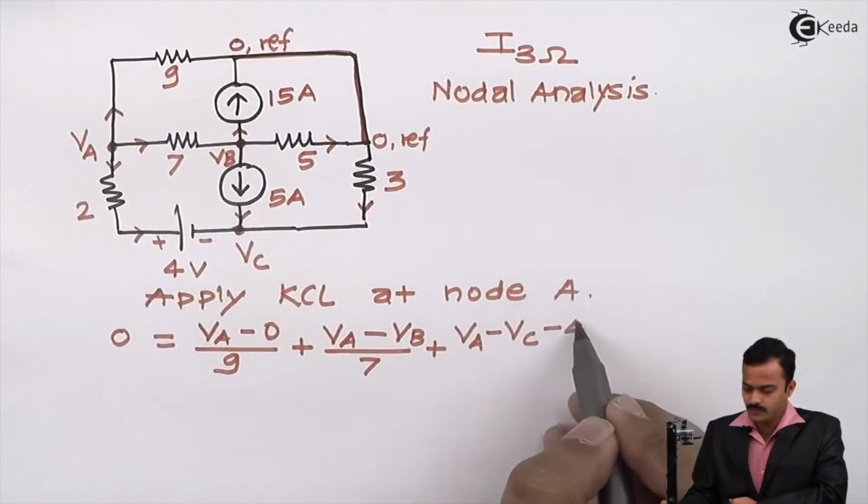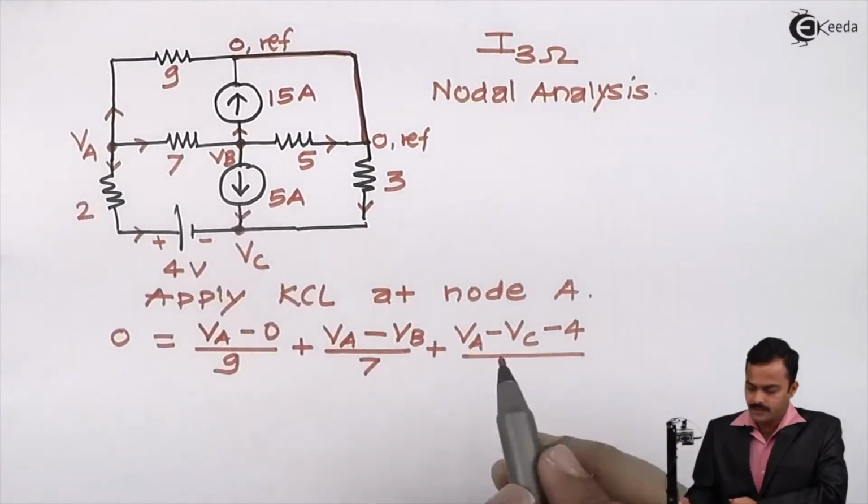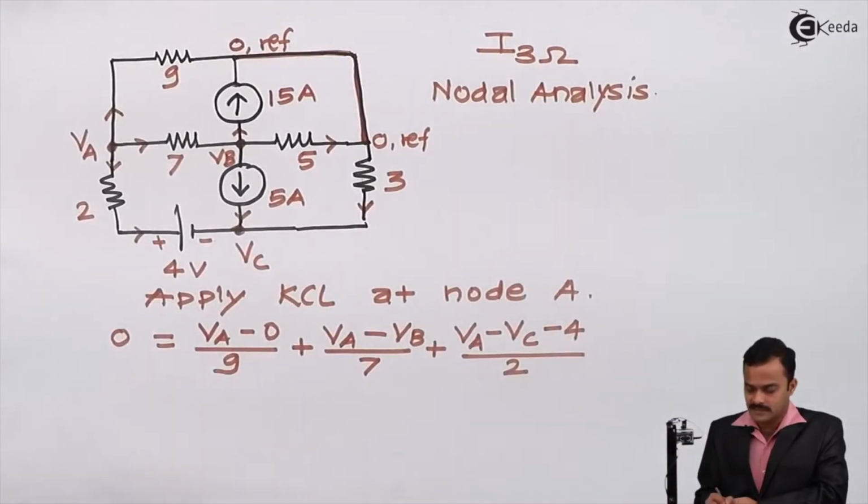So minus 4 divided by 2 ohm, the resistance of that branch.